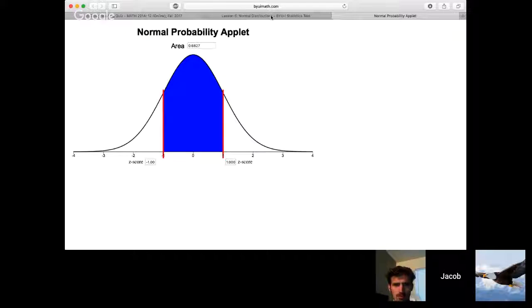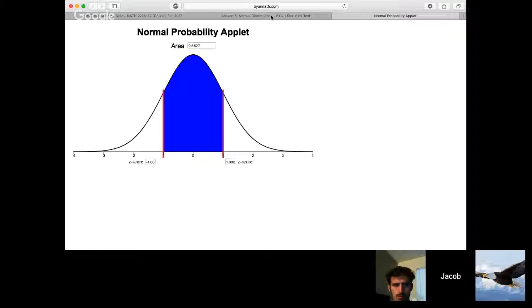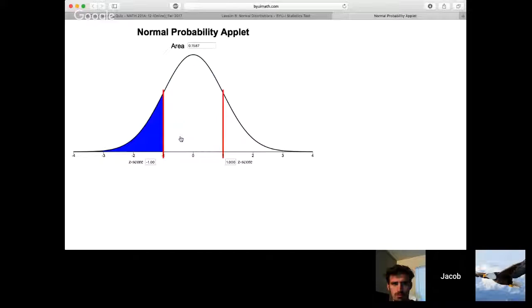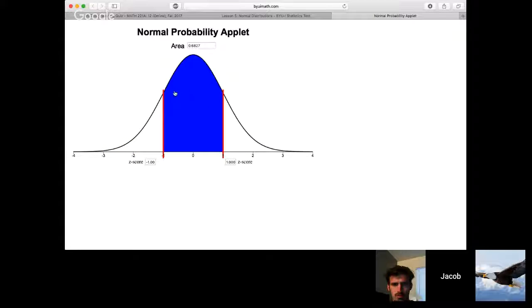So my only question is, really? Yeah, because it says -1 and 1, right? So you enter that in the z-score, and you look at the area, and it says something completely different. If you click on both sides, then it's 0.3173. If you click on one side, it's 0.1587, but between them, it's this.